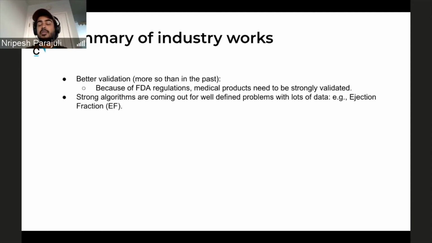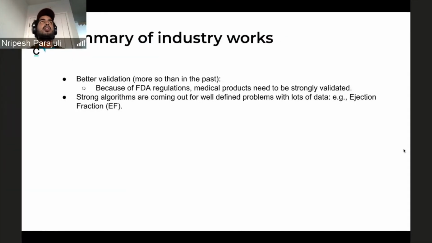For well-defined problems with lots of data, particularly ejection fraction, as I mentioned multiple times, a lot of really good algorithms are coming out at this moment. There are multiple companies that calculate ejection fraction, and the reliability will obviously vary, but at least it's happening, right? And it's pretty good.